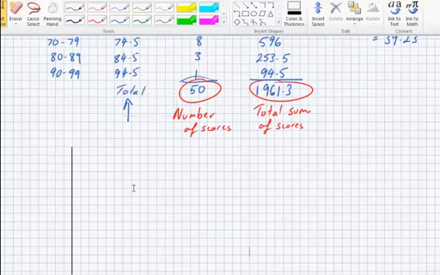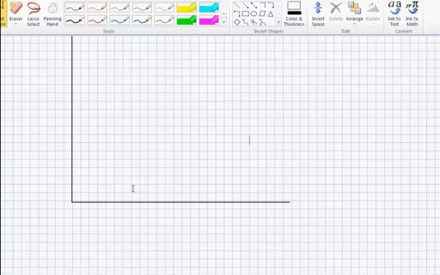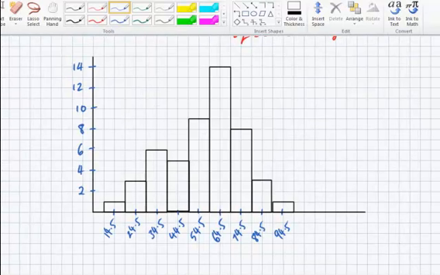So let's start with our vertical scale. It has to go up to 14. Okay, so here's my histogram done. Just make sure that you always label your axes. Alright, so this is frequency, and this is your class center.